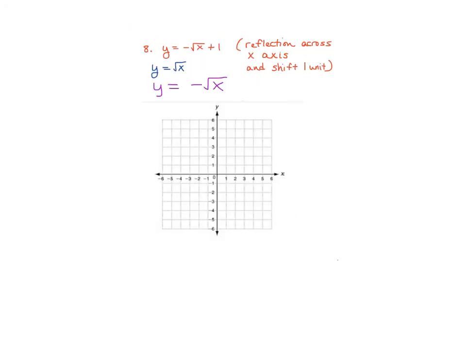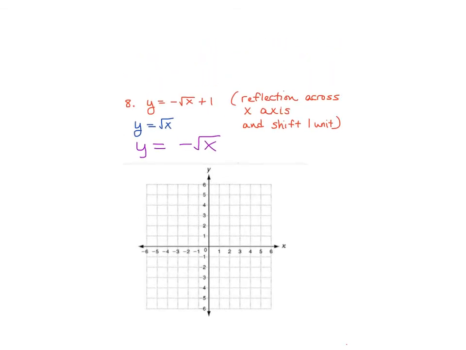Our next one is a square root. So again, the basic function of y equals the square root of x looks like this with an ordered pair of 0, 0, 1, 1, 4, 2. So the graph of the original looks like that.